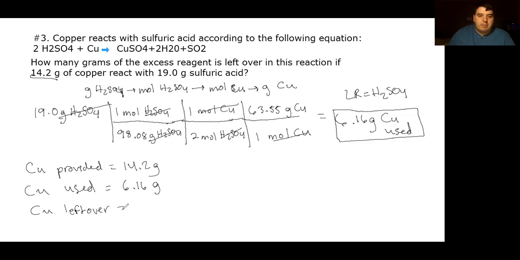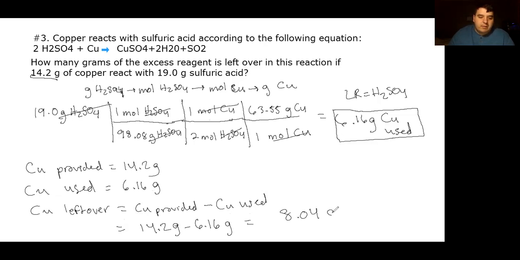So I can say copper left over is the copper provided minus the copper used, and that's going to tell me what's left over. So copper left over is equal to 14.2 grams minus 6.16 grams that was used, and we're going to get a final value of 8.04 grams of copper left over.